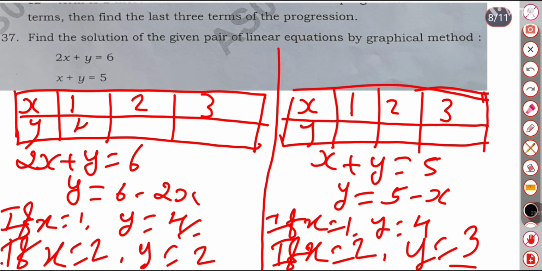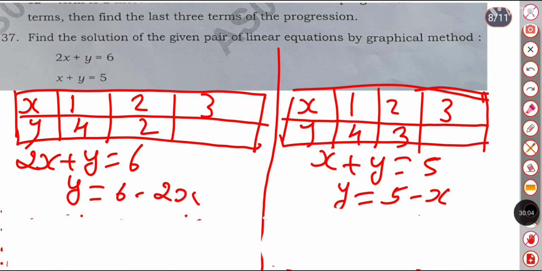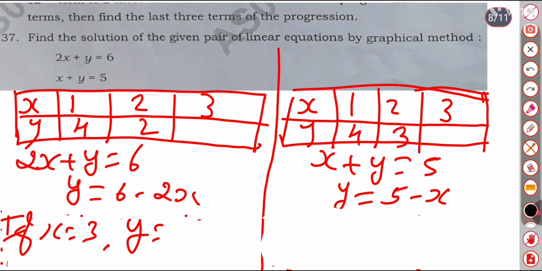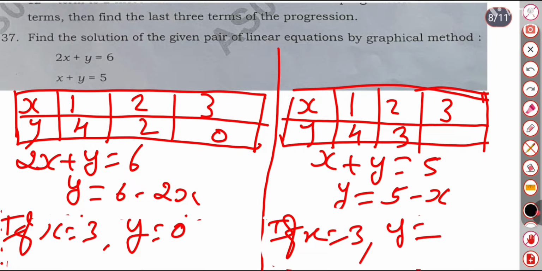If x is 3, y is equal to 6 minus 2 into 3, which is 6 minus 6, so it is 0. Here if x is equal to 3, y is equal to 5 minus 3, which is 2. We got the values.